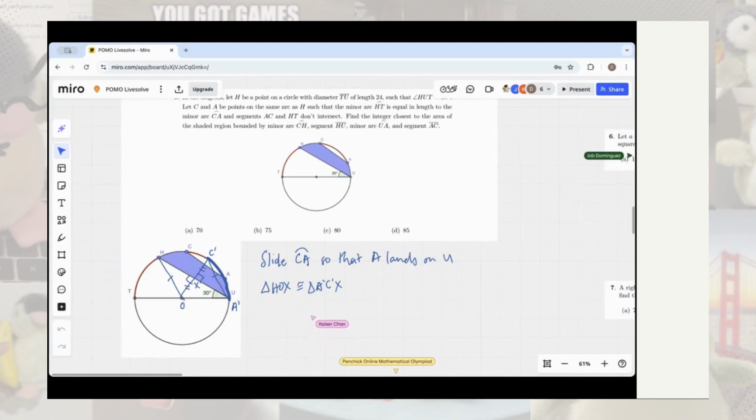Are you good so far? Okay. And now we have that these two triangles are congruent.